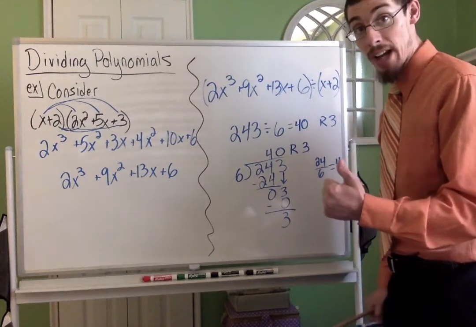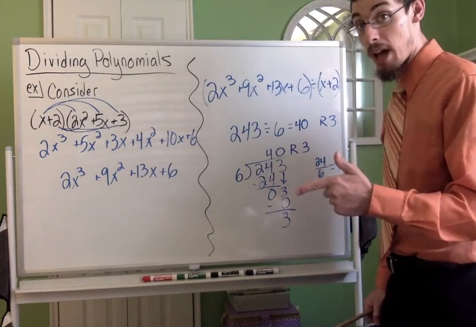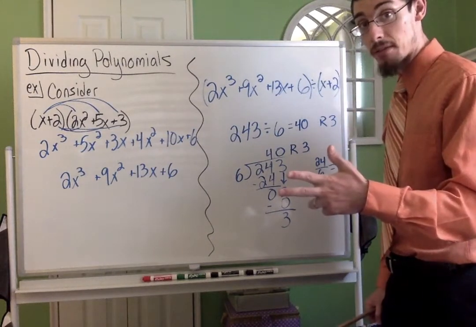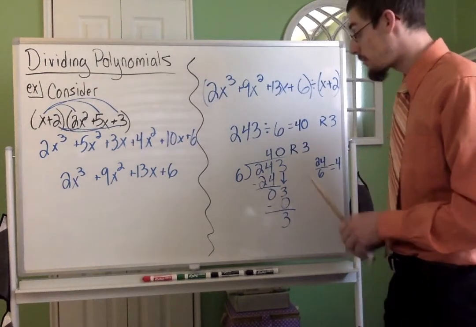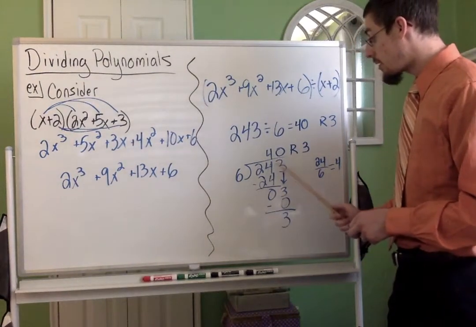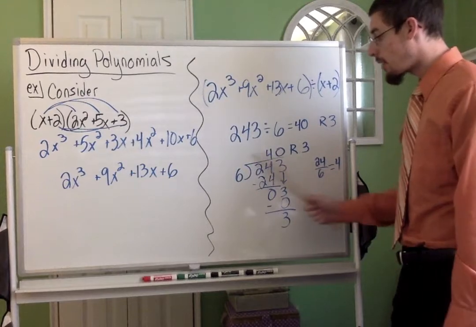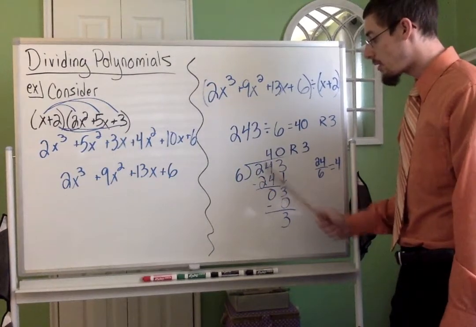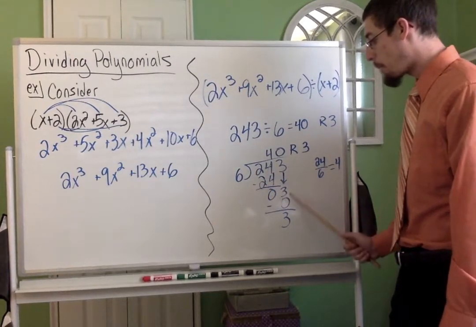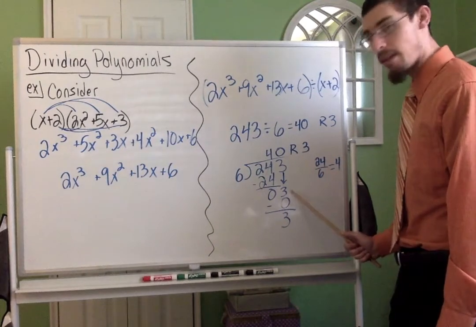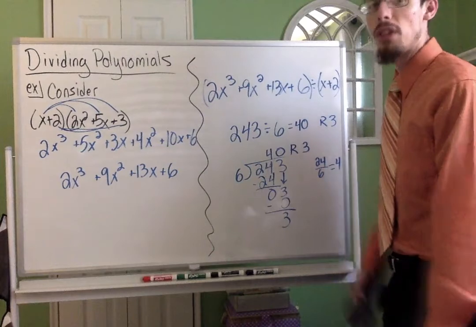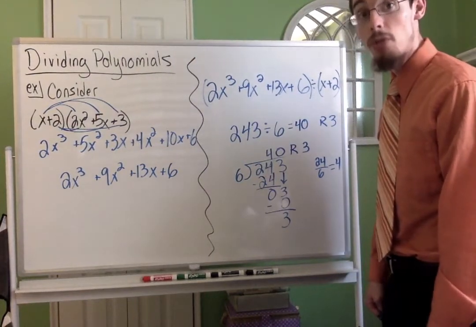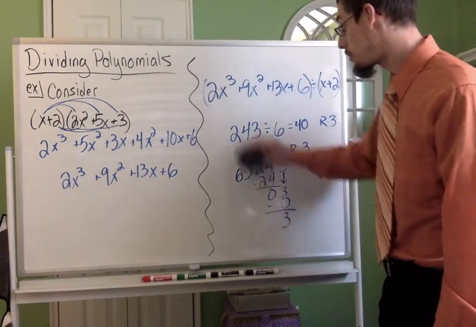So you divide, multiply, subtract, bring it down, repeat the process. Divide, multiply, subtract, bring down the next piece, and then do it all over again. So let's see how this would work using polynomials.